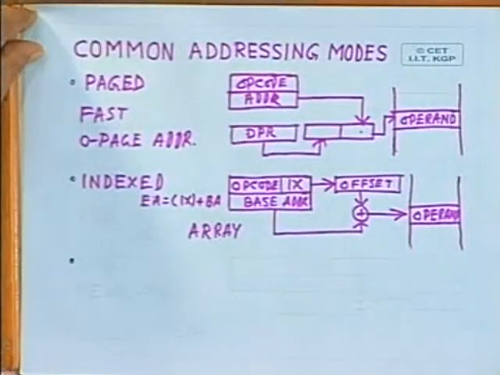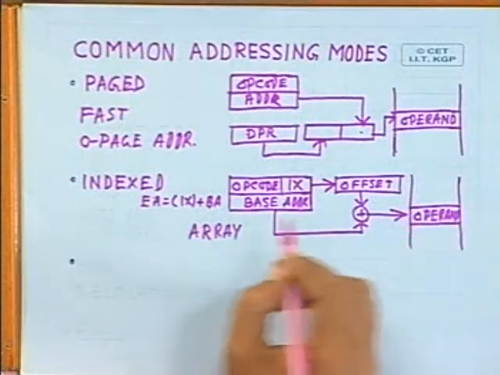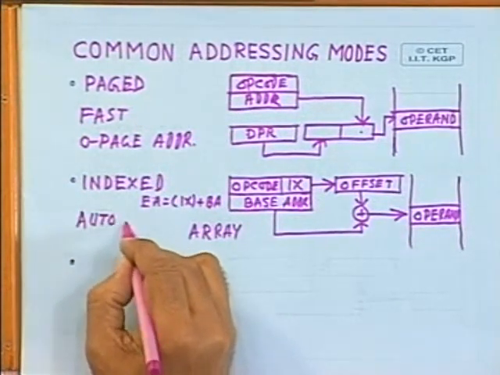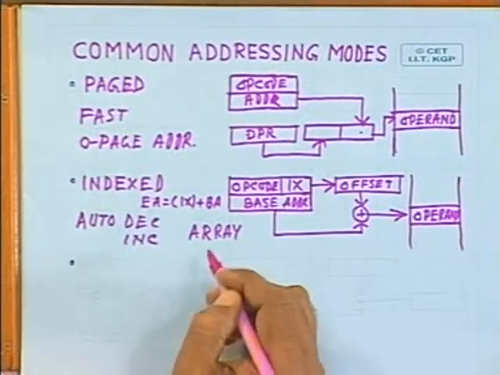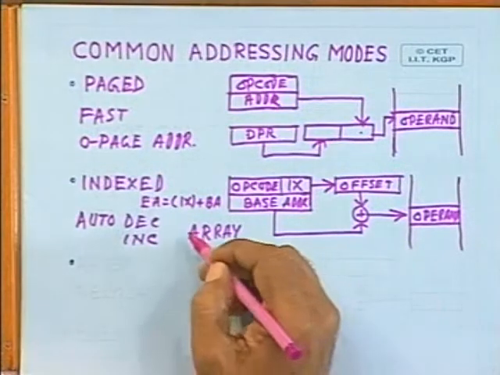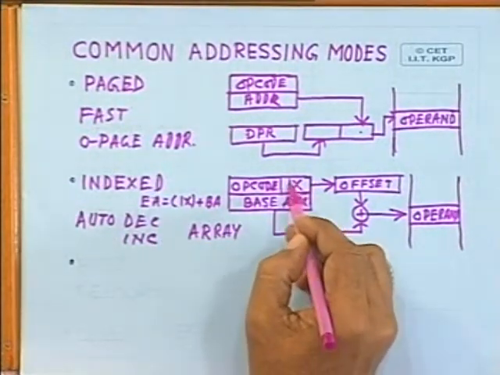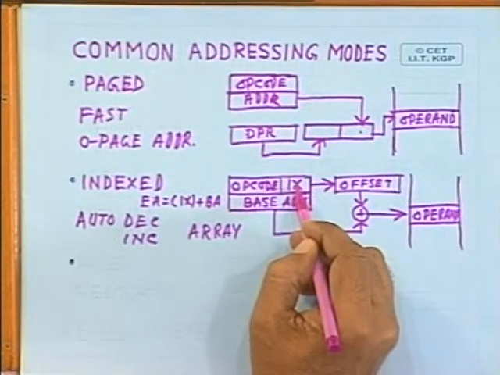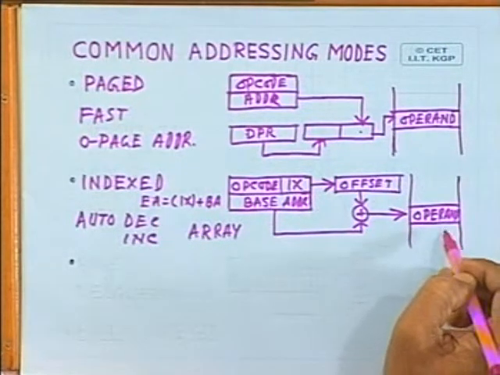To facilitate accessing arrays one after the other, sometimes auto increment or auto decrement is provided, depending on the order in which the array is stored. The index register is automatically incremented or decremented to point to different elements of that array.